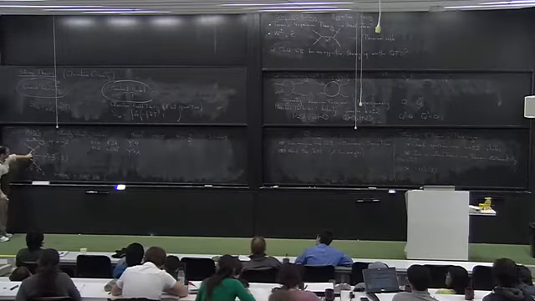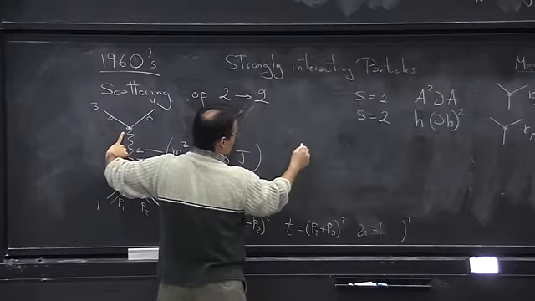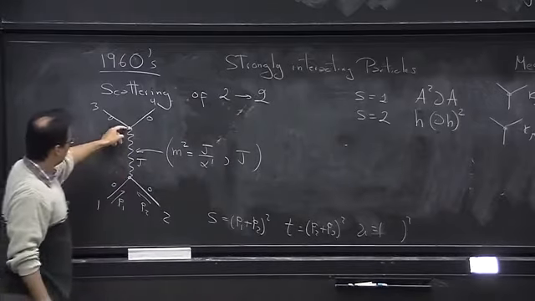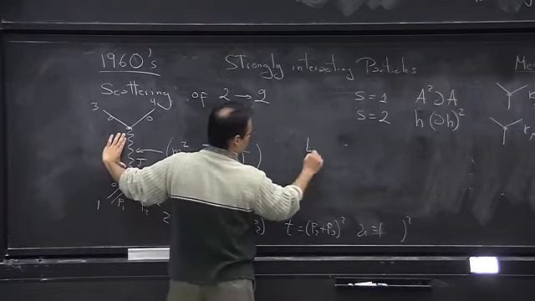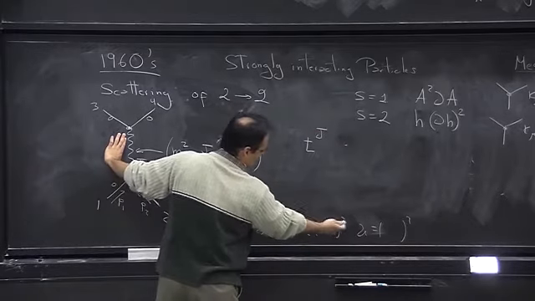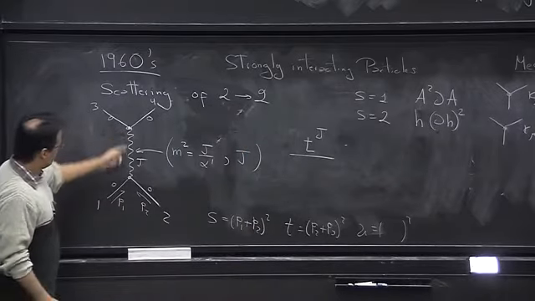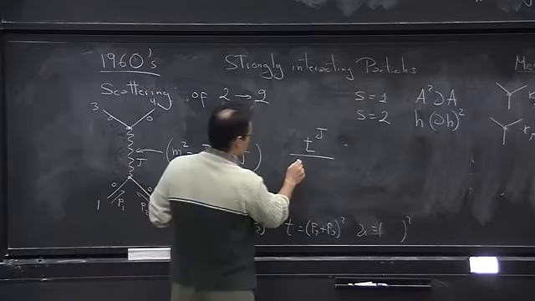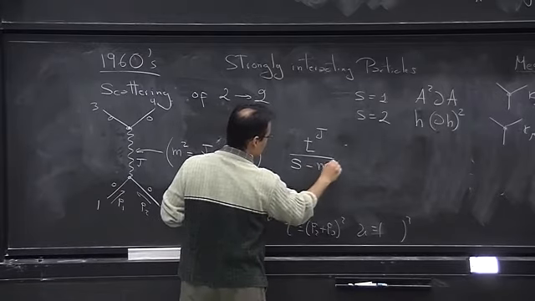Now, if you do the contractions, you will find a power in the numerator, which should have 2 times j powers of momenta, and it will be something of the form t to the j, where t is this. So it's 2 powers of momenta to the j, divided by the pole in this channel. And the pole in this channel will be s minus m_j squared.